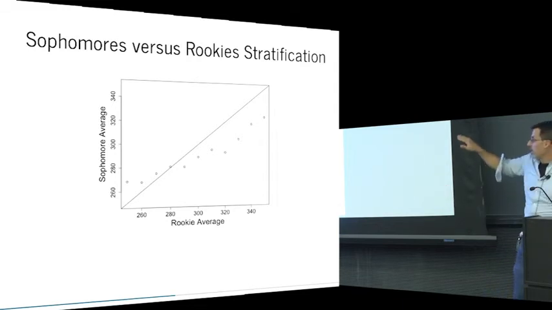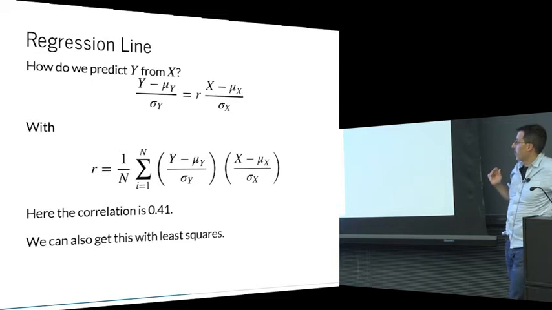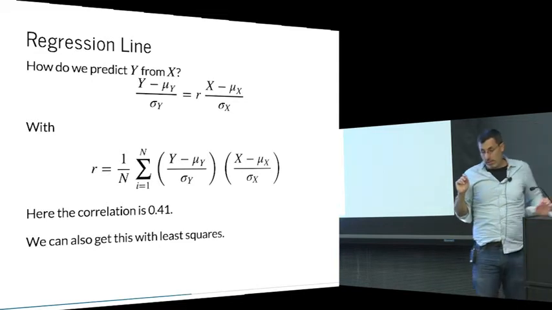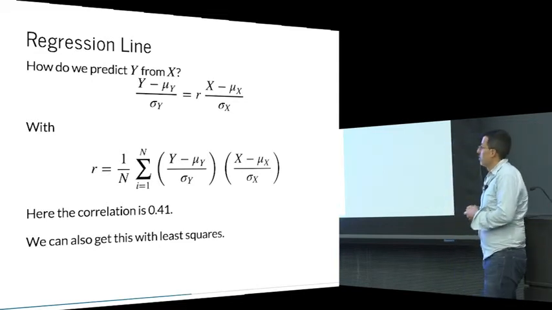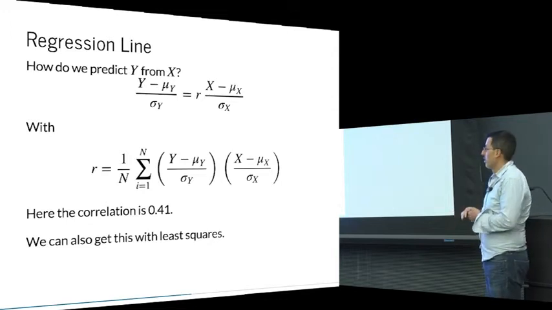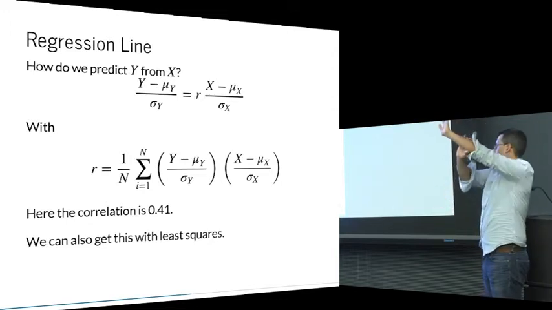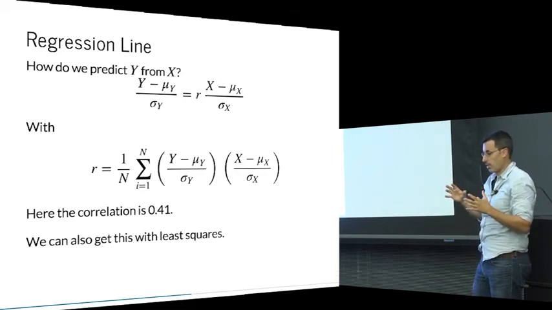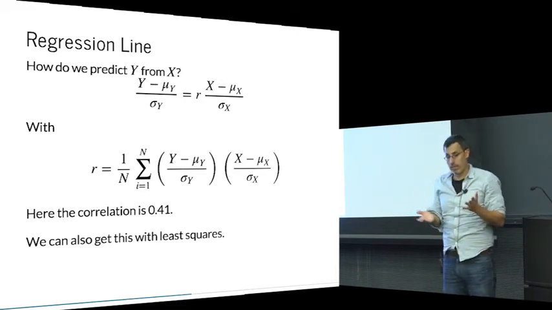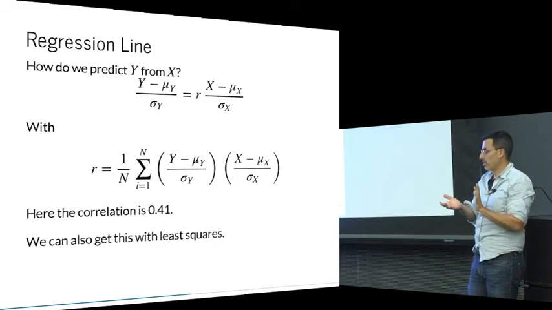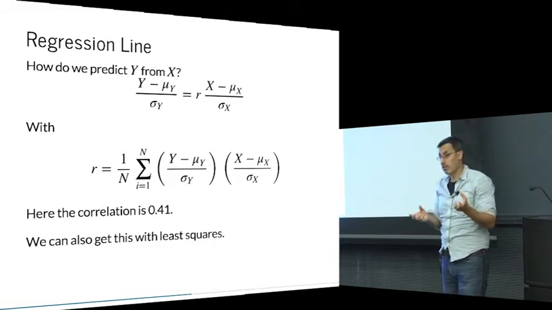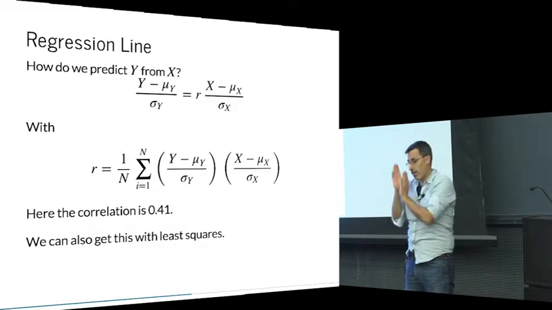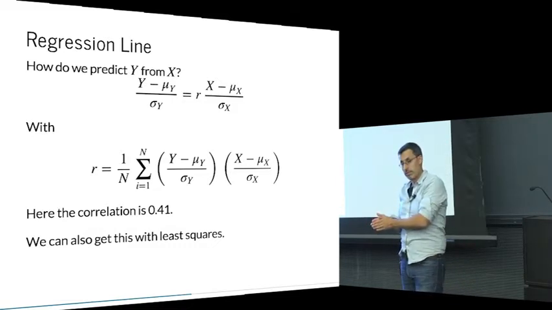Okay, so it looks like a line, and it turns out that for simple regression like we're doing here, the most simple way to explain regression is that you assume the data is bivariate normal. What does that mean? That means that both x and y are normal, and that at any strata, it's also normal.